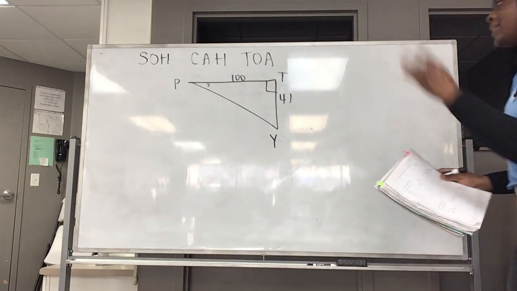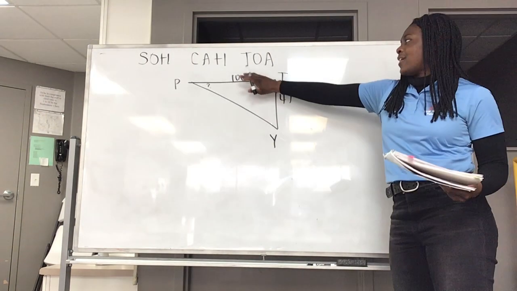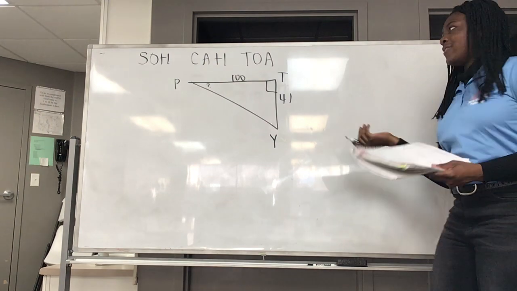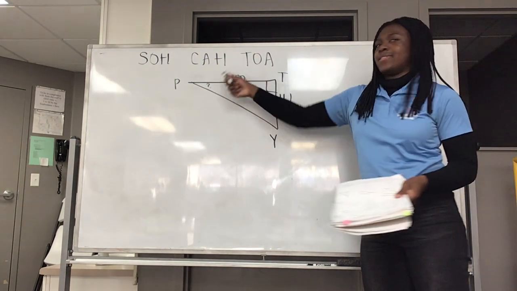Okay, so here's my triangle P2Y. This side length is 100 and this one is 41. So I'm going to have you guys use SOHCAHTOA to solve for that missing angle right there.